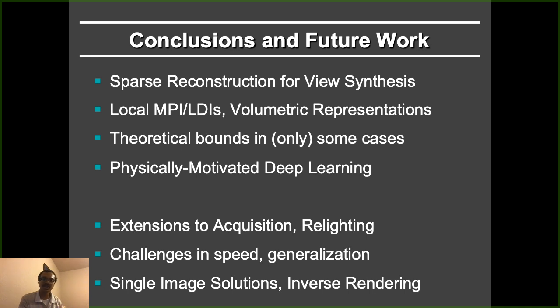I showed an initial example of that, but are there general solutions? This also relates to an area known as inverse rendering, where you look at a single image and try to recover lighting, reflectance, geometry properties, which is also a complementary line of research that I have been interested in.